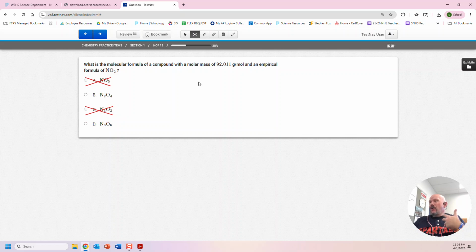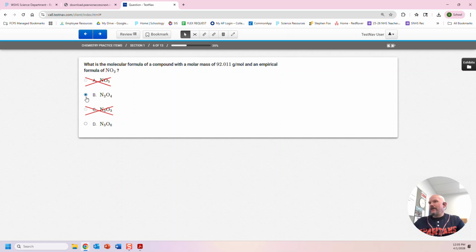Now, how could I check this? What I could do is just add up the molar mass of this and see if it's close to 92. And if it's not, then add up the molar mass of this and see if it's close to 92. So remember, 4 oxygens would be 64 and 2 nitrogens is 28. So 28 plus 64, 92.